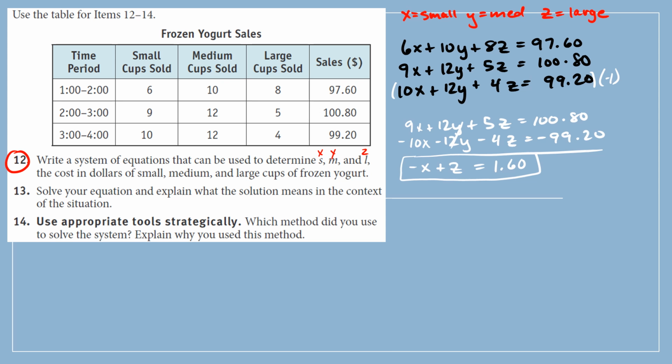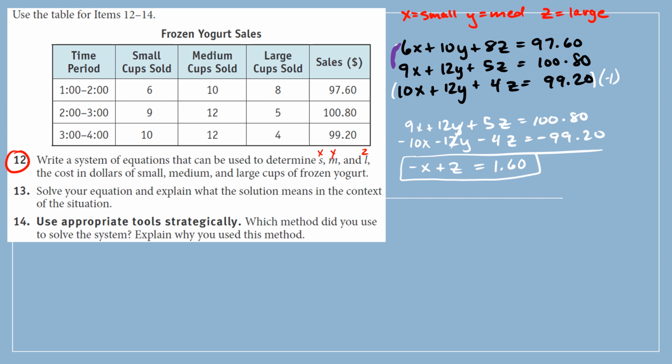Now what I'll need to do is take two other equations, okay, and not the third one, and eliminate y. We've already started by eliminating y, so we want to eliminate y in another one. So I'm going to take these top two, okay?